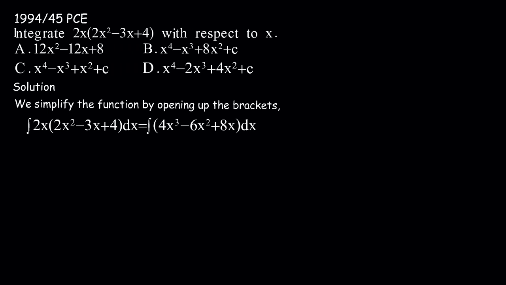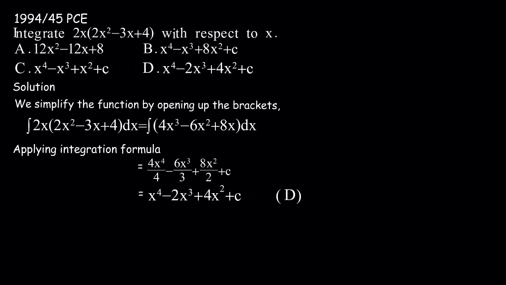Now at this point we are going to be applying our integration formula and integrating separately. Doing so, it will be equals to 4s to the power of 4 divided by 4 minus 6s to the power of 3 divided by 3 plus 8s squared divided by 2 plus c. Simplifying further, it will be equals to s to the power of 4 minus 2s cubed plus 4s squared plus c.